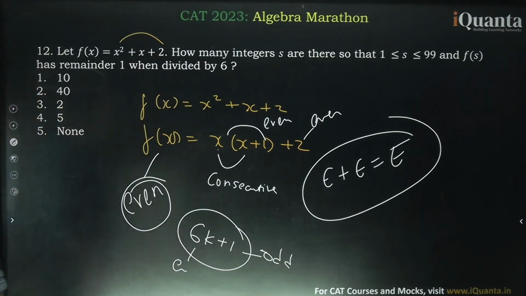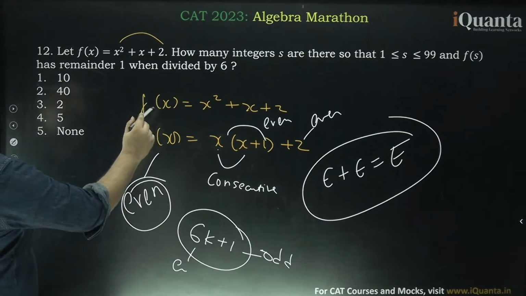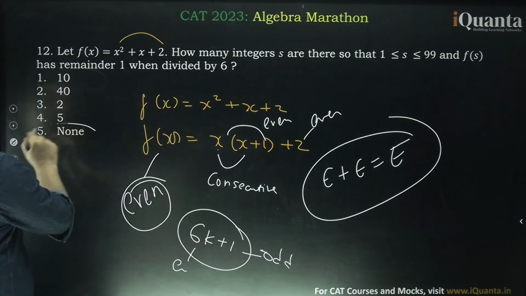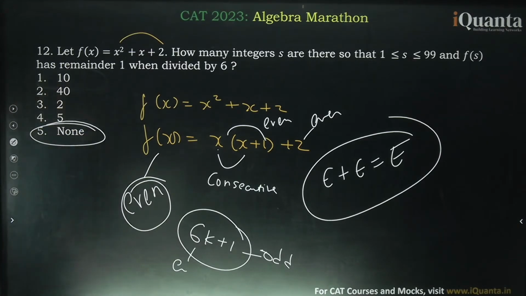So that is a mismatch. f(x) is even and 6k plus 1 is odd. That means no possible solution is there. We'll have none. Clear? Srishti, yeah, that's right. 0. All right, let us go to the next question.